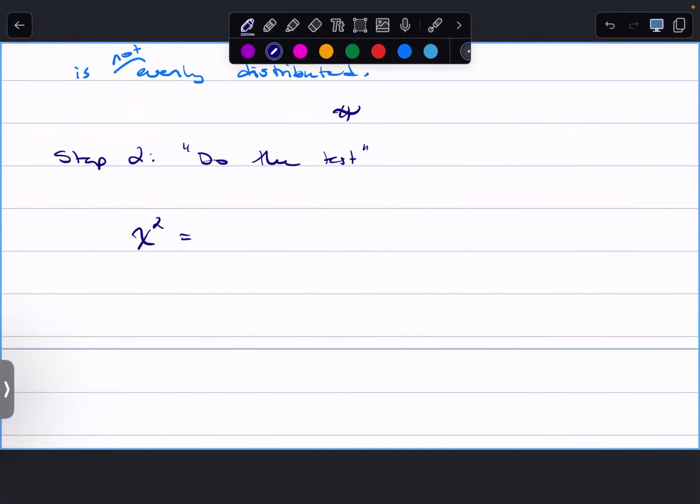Chi-squared is the sum of the observed minus the expected squared, divided by the expected for each category.